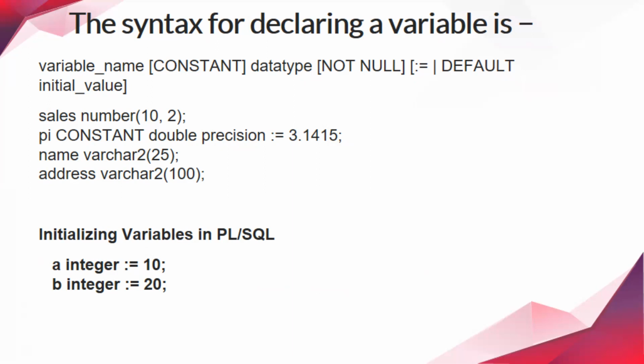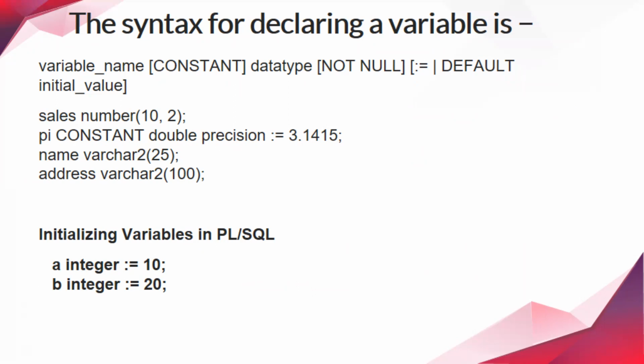Here I show an example of how you should initialize your variables in PL/SQL: a integer := 10 and b integer := 20. Here you should mention the colon-equals mark. This is the syntax for initializing your variable.